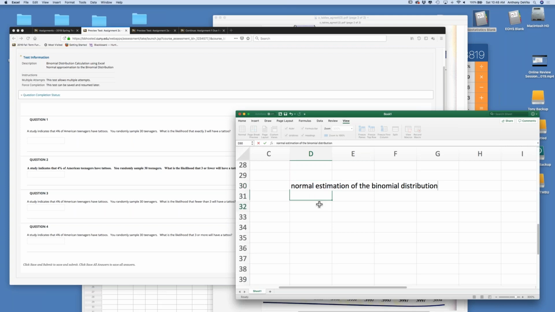In that, what we're saying is that we are taking repeated samples where, for instance, we're flipping a coin 100 times.